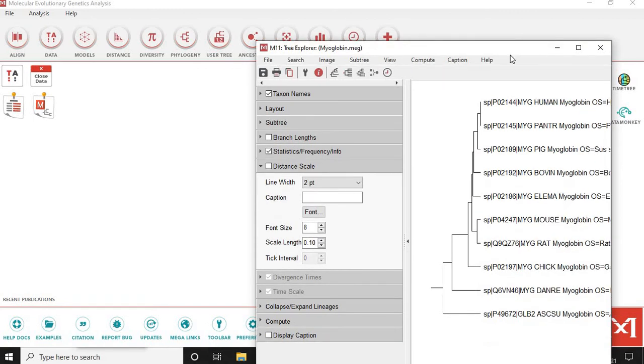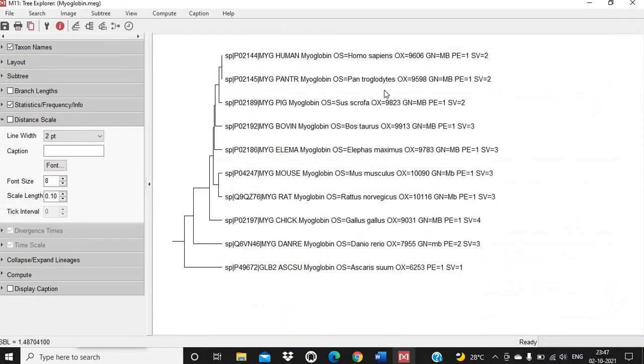So you see that now we have this phylogenetic tree, and we have 10 myoglobin sequences from 10 different mammals, 10 different animals, or 10 different organisms.